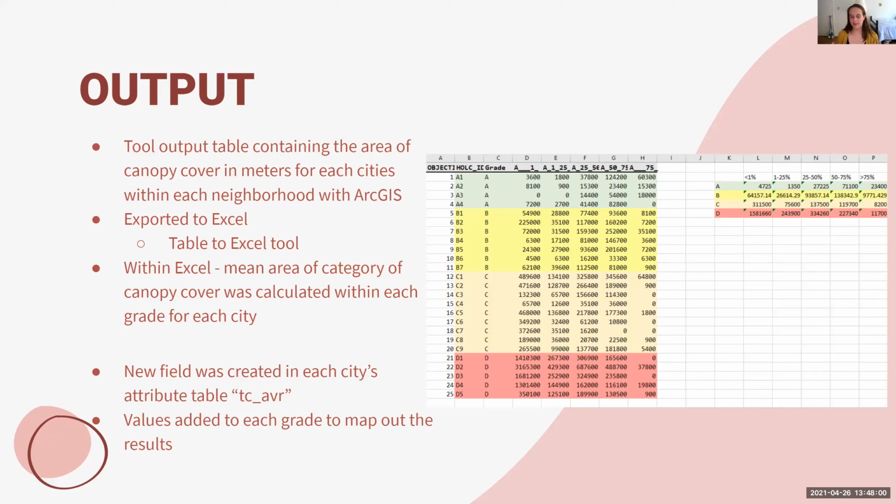So you can see on the left is the raw data, what ArcGIS output, and on the right is a table with all of the means of the area of canopy cover. From this information, a new field was created in each of the cities' attribute table known as TCAVR. This stands for tree canopy cover average, and the values were added to each grade to map out the results.